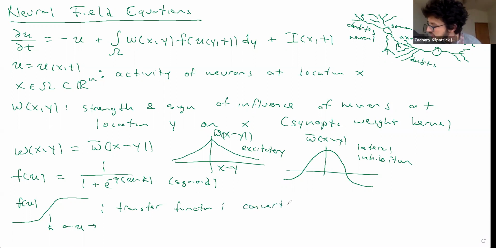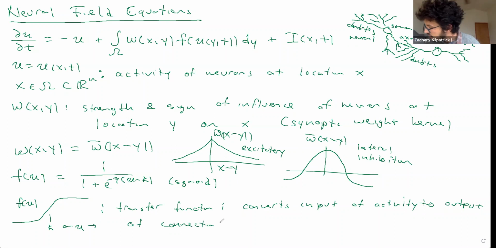And it converts the activity input to the output of connections between neurons. Okay, so it's meant to describe this complicated process of activity being generated here, providing input to dendrites. Of course, in reality, that should be represented by several nonlinear differential equations.